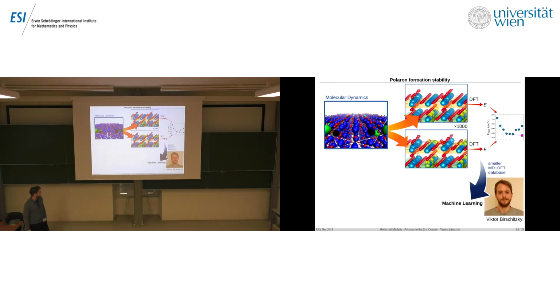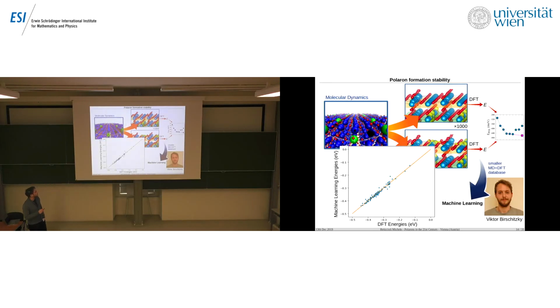He takes the information on the polaronic configuration from the molecular dynamics, and he's creating a machine which is able to reproduce the energies without needing to calculate them by density functional theory, so obtaining the energy with a faster and less expensive approach.